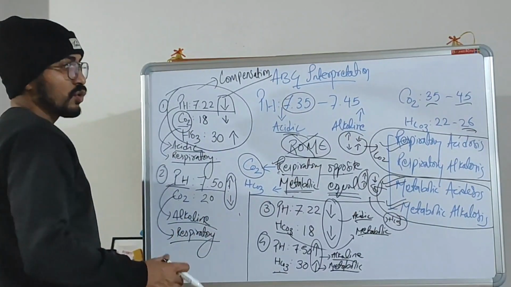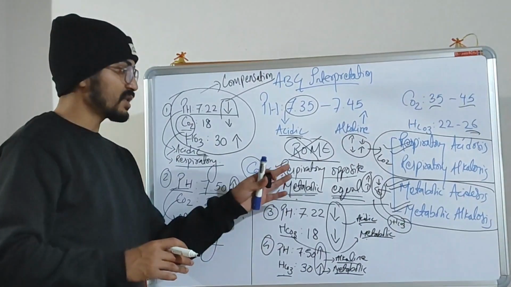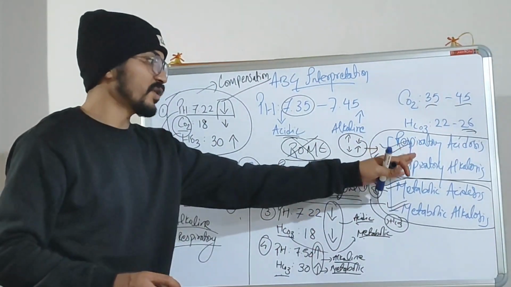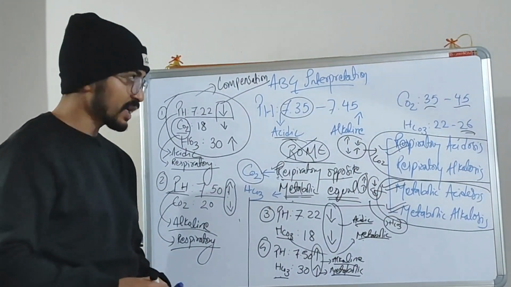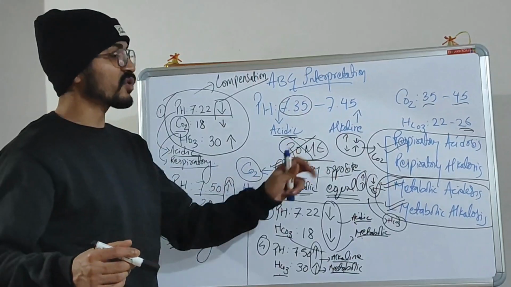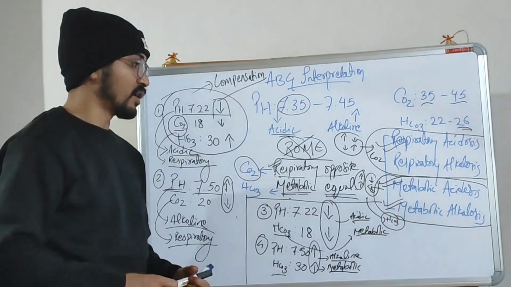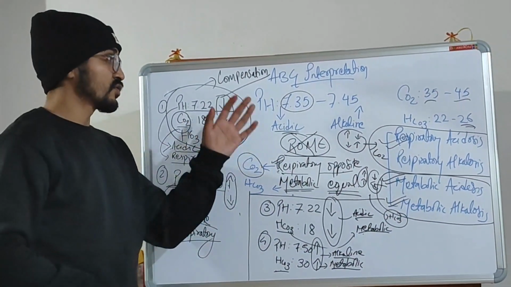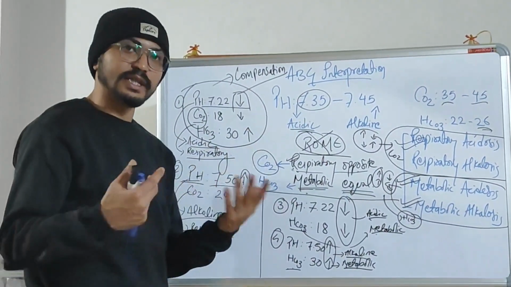So in this way you can easily frame the four main diagnoses, related to respiration and to metabolic, by seeing an ABG and applying the formula of ROME. And when your ROME formula does not meet, then you can directly say your body is on compensation. Alright. For compensation, we will be talking about this in the next video.